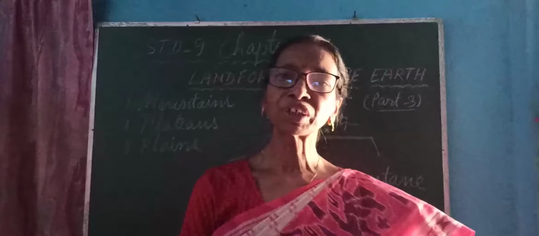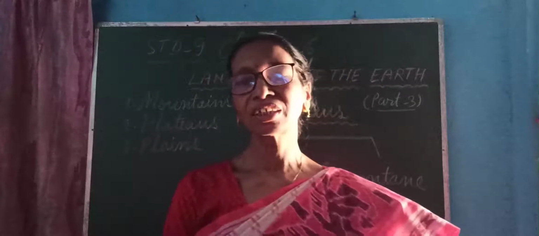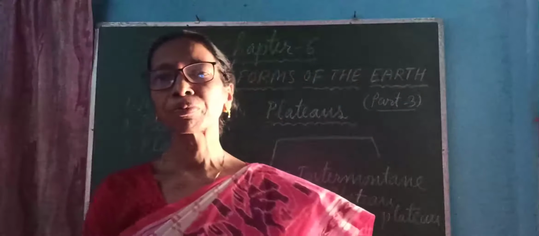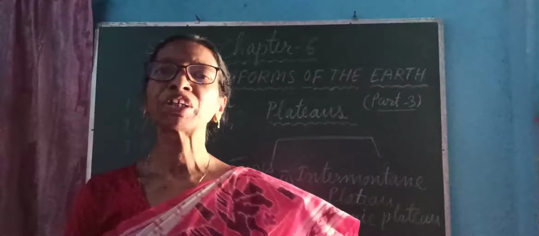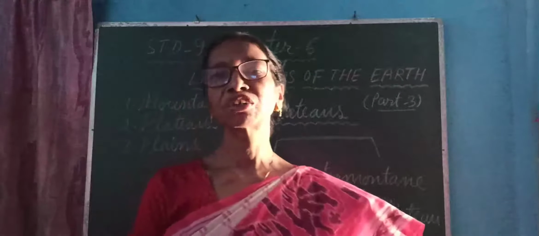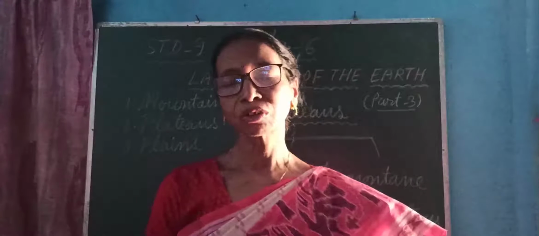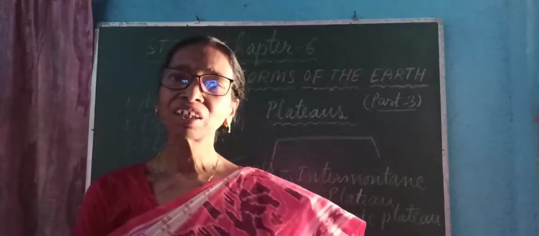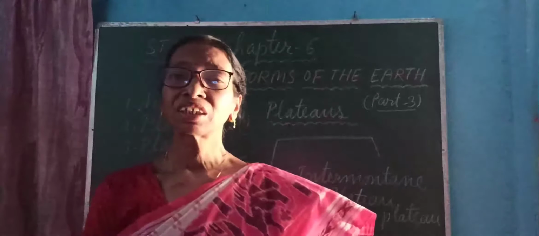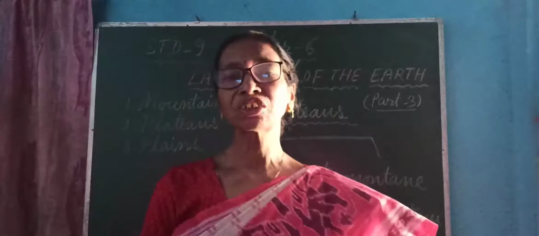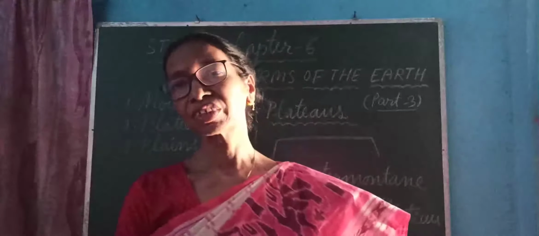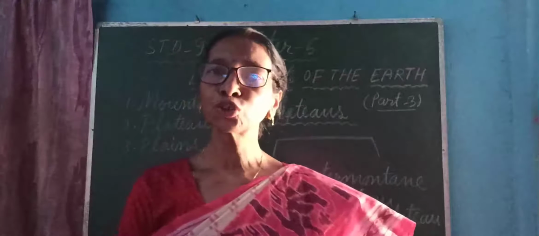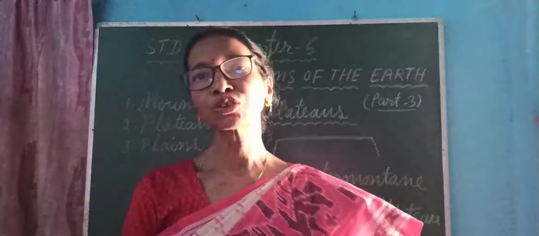A good example is found in India, that is the Deccan Plateau. It is a triangular-shaped plateau found in parts of Maharashtra, Madhya Pradesh, Andhra Pradesh and Karnataka, and it was formed millions of years ago. Now that area has changed into black soil because of weathering.